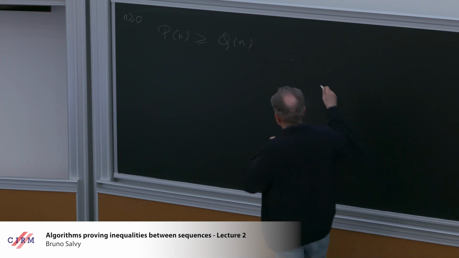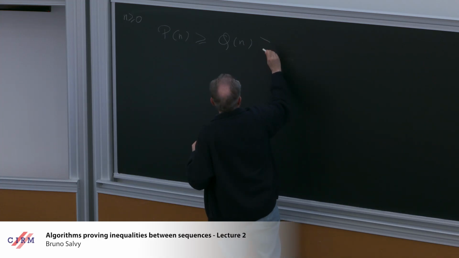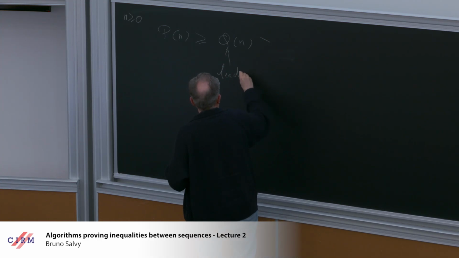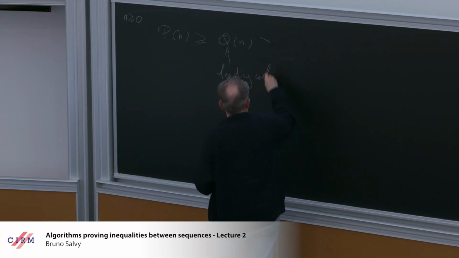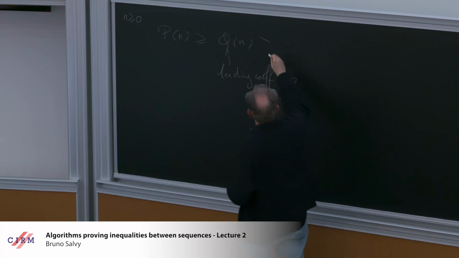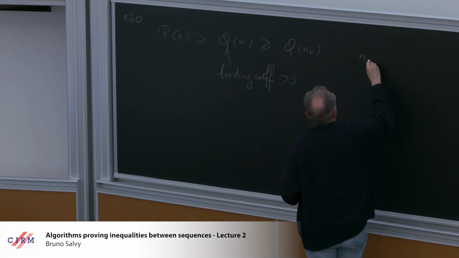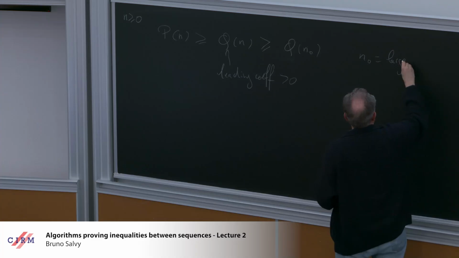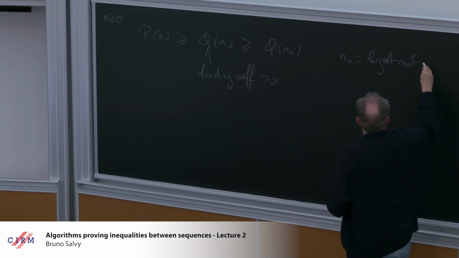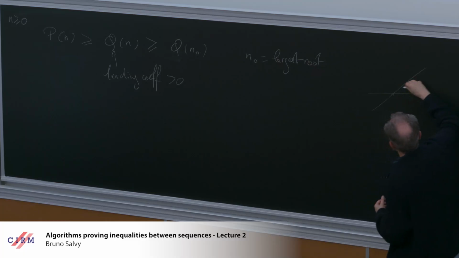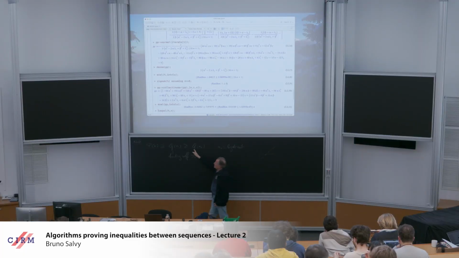And then this one will have a leading coefficient that's positive. So it will be larger than Q of n0, where n0 is the largest root. So I look at the largest root, then it's positive. And so that will give me an upper bound on n.